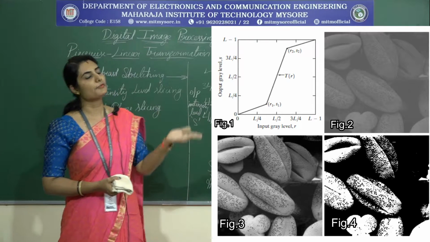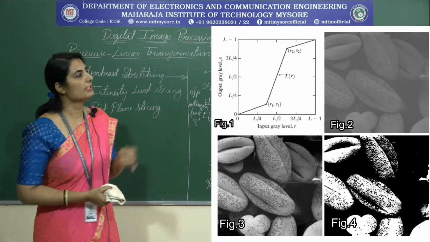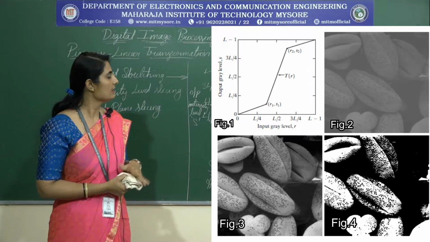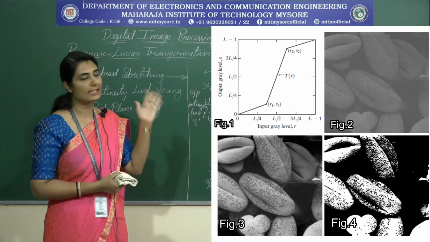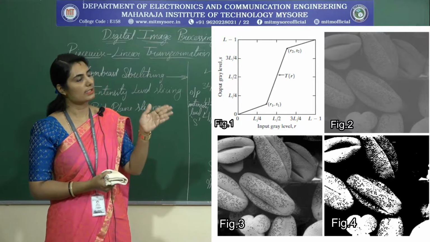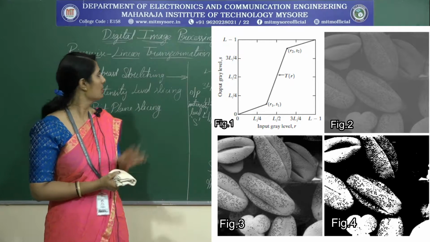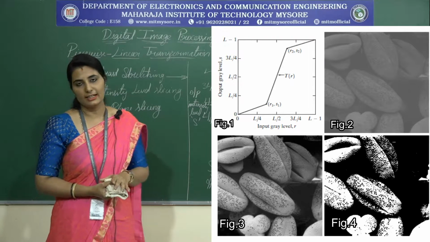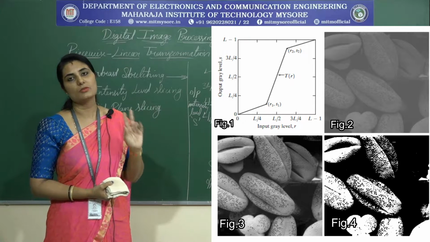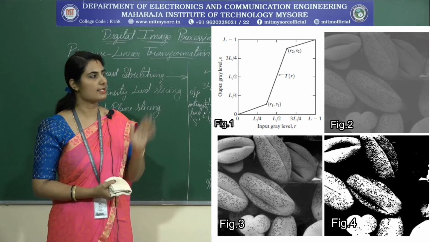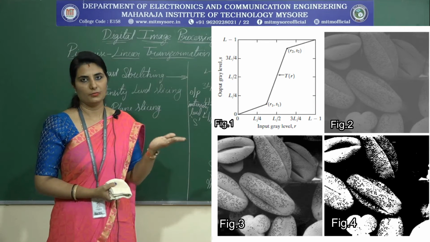Next is figure 4. In figure 4, we have chosen r1, s1 and r2, s2 as in case 2. This represents the thresholding function using the piecewise linear transformation function. This is the binary image which has only two discrete intensity levels, black and white.